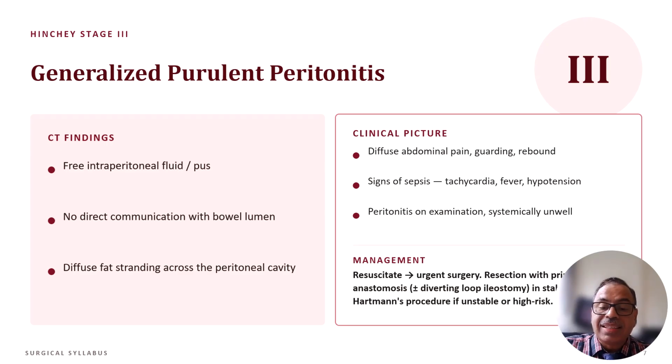Patient should be resuscitated with IV fluids, bowel rest, broad spectrum antibiotics, keeping a close watch on patient's vital parameters, and as soon as the patient becomes stable, immediate urgent surgery should be done because this will require exploratory laparotomy.